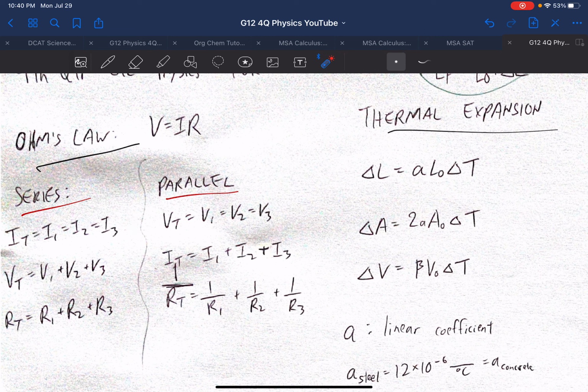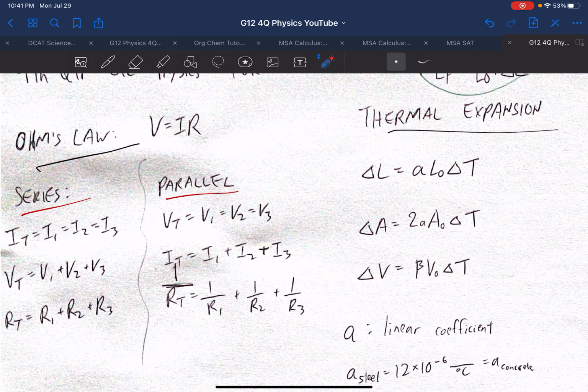It could extend to I4, I5, it depends. But basically, for series, current is constant. For voltage, if you want to find the total voltage, you have to find the sum of all voltages. That also goes the same for resistance: resistance 1 plus resistance 2 plus resistance 3, etc.